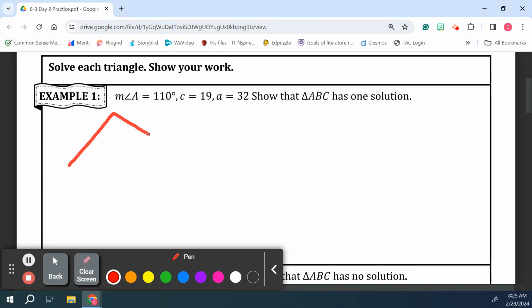So the first thing I'm going to do is draw this. Here's my triangle. Here I'm going to have A, 110. I'm going to have B, and then I'm going to have C. Now C is equal to 19, and little a is equal to 32.